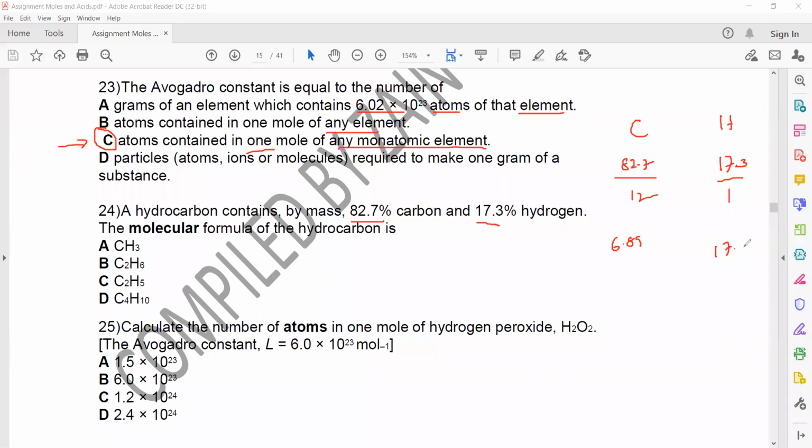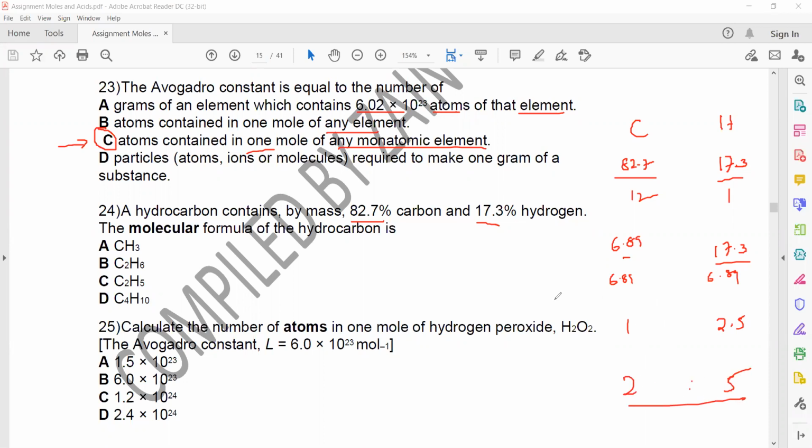And this is 17.3. So we'll divide both of them by 6.89. This will be 1, and 17.3 divided by 6.89 gives us 2.5. So whenever one of the values is 2.5 or 1.5, we multiply all of them by 2. So this will be 2 and 5.